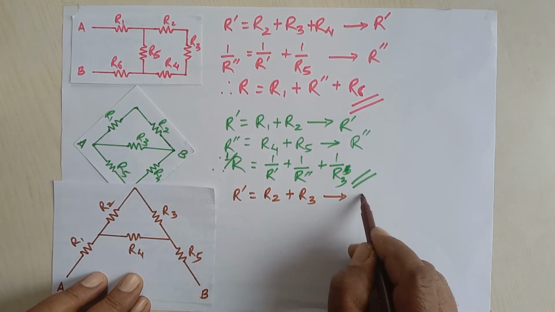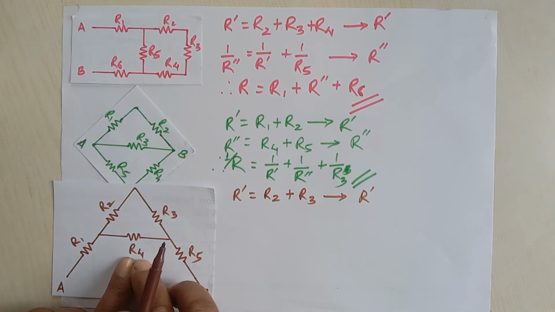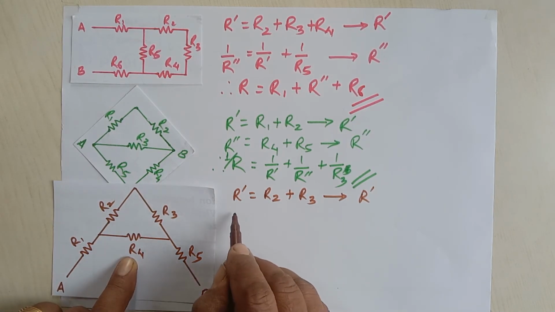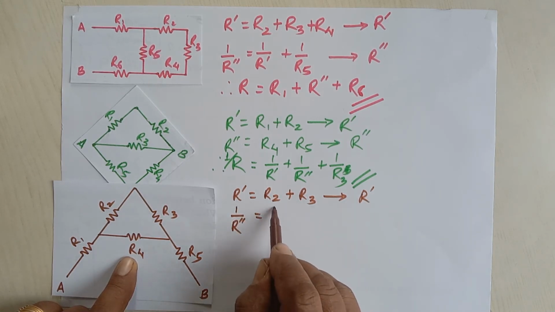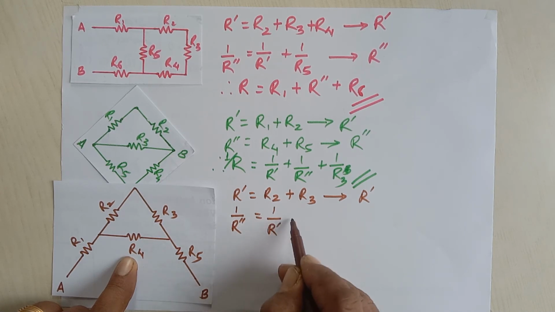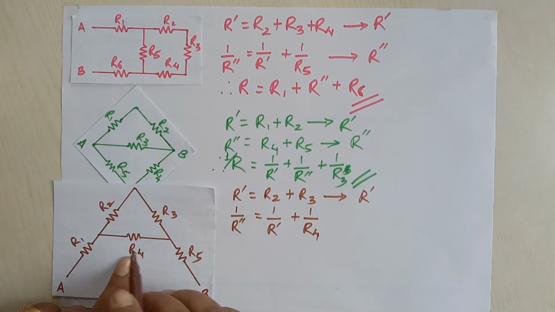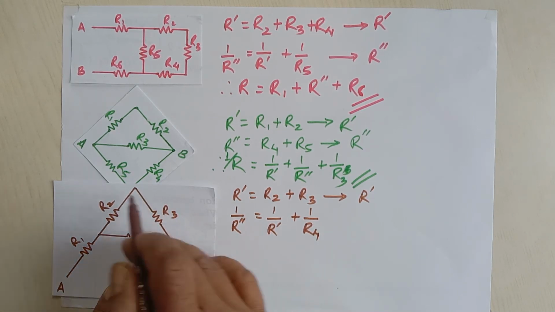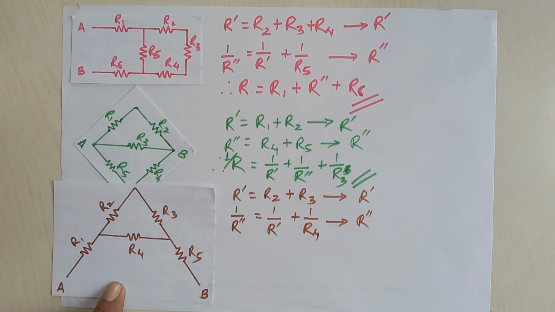This way we'll get R dash. Now next it is parallel with R4. That's why we can say, with another name, R double dash, 1 by R double dash is equal to 1 by R dash plus 1 by R4. Now this much is solved and it gives R double dash.